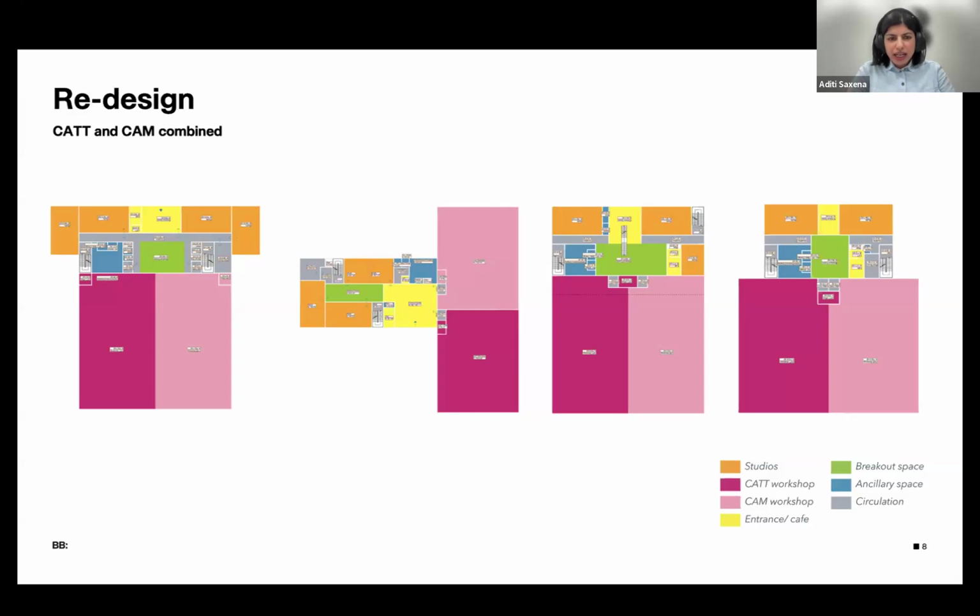But whilst we were doing this exercise, we actually realized that the stairs and the lifts required for a 2-story building were taking up a significant amount, not only in area, but also in cost. So we then suggested, well, why don't we look at a tall 1-story building instead? This would give the client a little bit of presence on site, but also more importantly, be within budget.